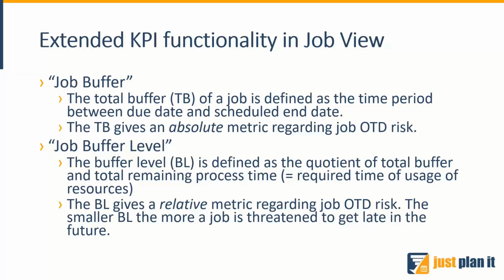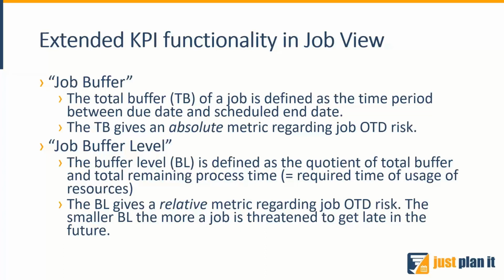And this total buffer is defined as the time period between the due date and the scheduled end date of a job. So that's the total distance between scheduled end and due date. So obviously, this is an absolute metric that gives you an idea about the OTD risk of that particular job, as you see how much literally you have got of buffer regarding this job.